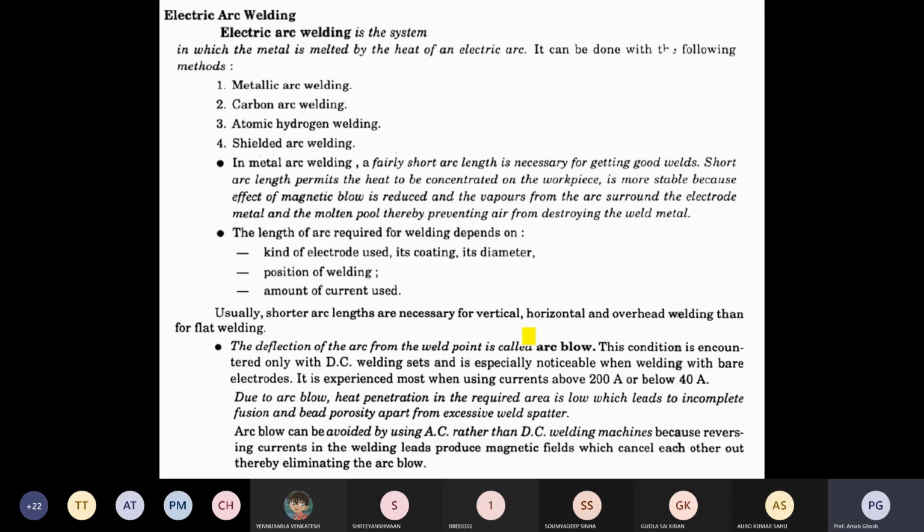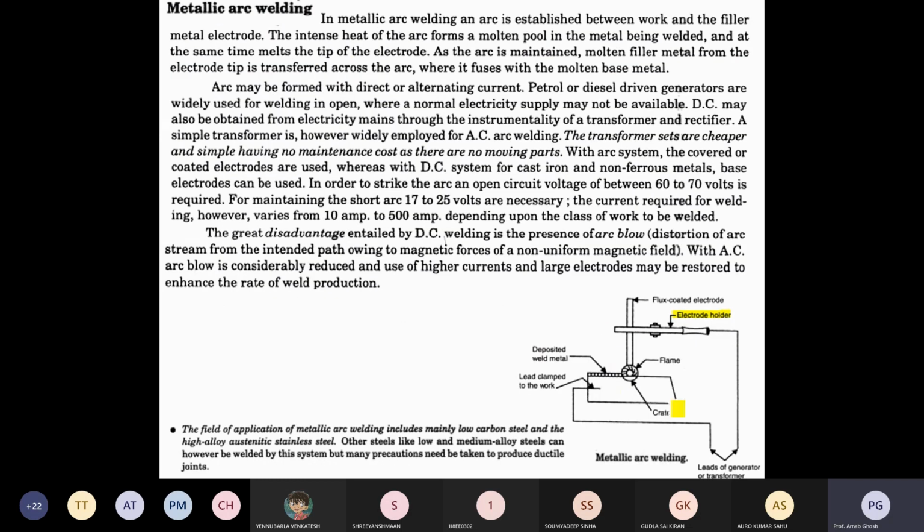One is electric arc welding. Within electric arc welding there are different types, like metallic arc welding, carbon arc welding, atomic hydrogen welding, then shielded arc welding. So different methods are there.